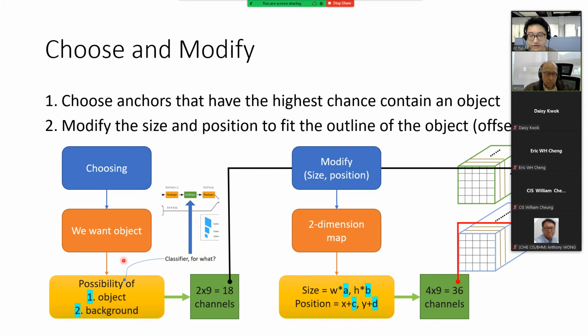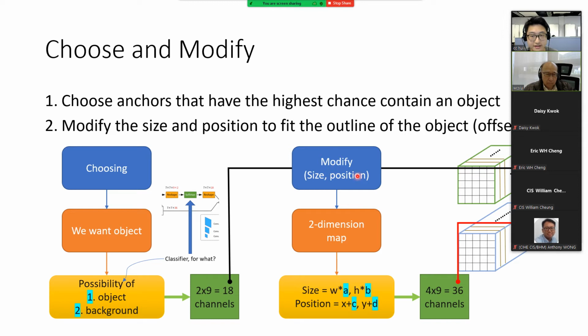Here we review the answer: it is for the probability, the probability that a box contains an object or background. So we have two classes, and because we have 9 anchors as we discussed, 2 multiplied by 9 is equal to 18. This is how the 18 channels come about.